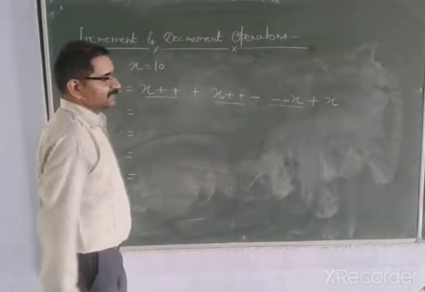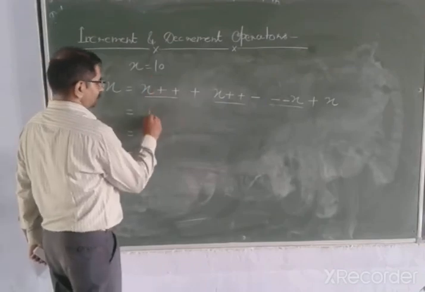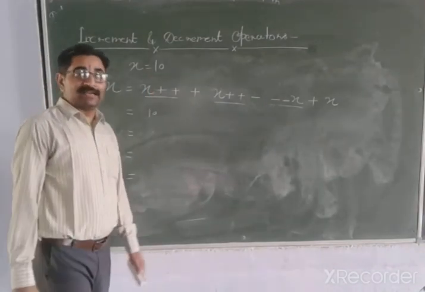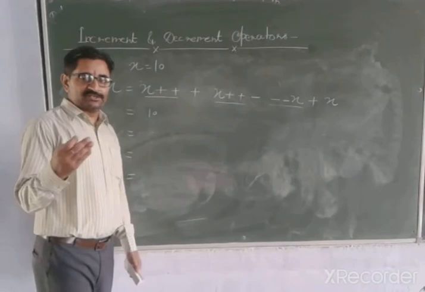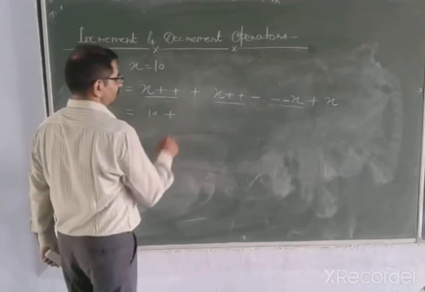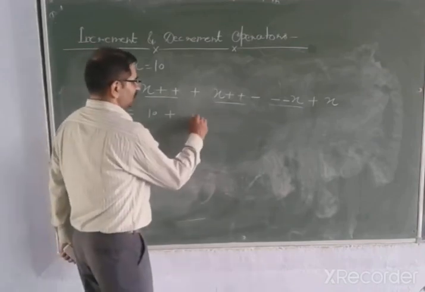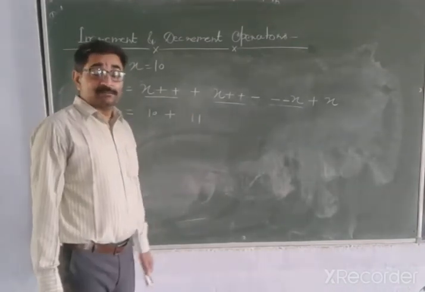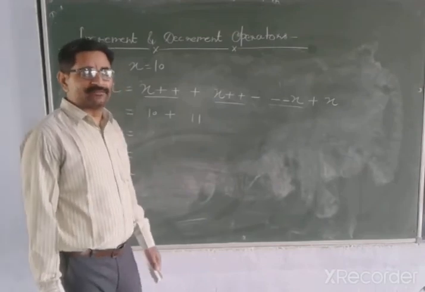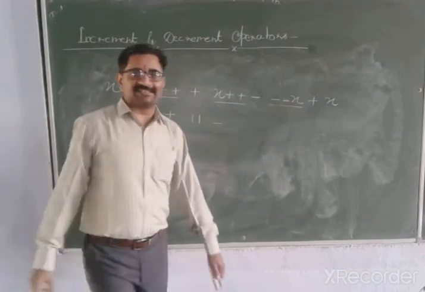So again, start. X plus plus. What is x? 10. X becomes 11 after the change. Now x plus plus again. Here we use 11, but now x becomes 12. Then minus minus x.